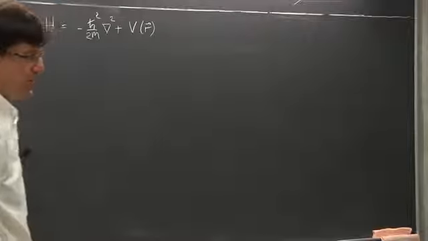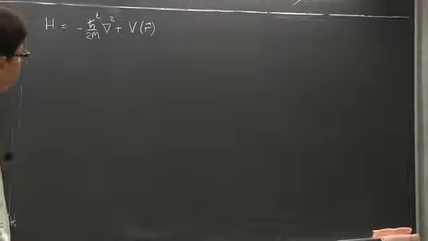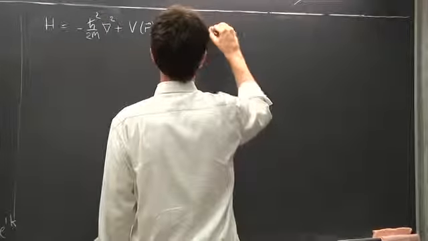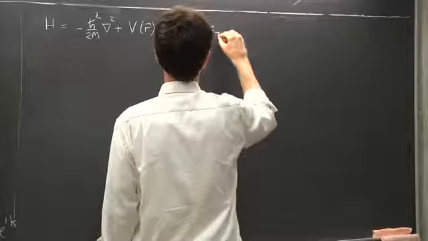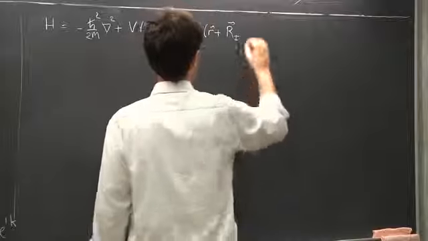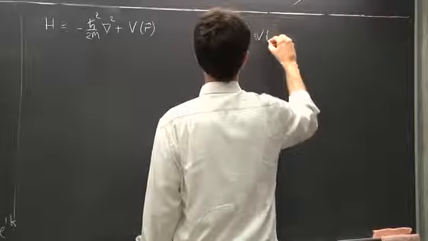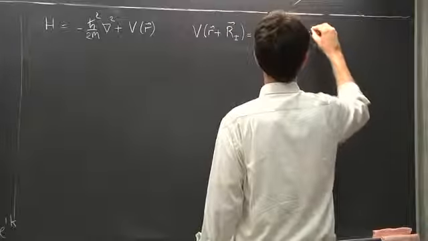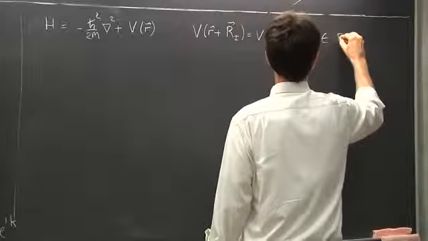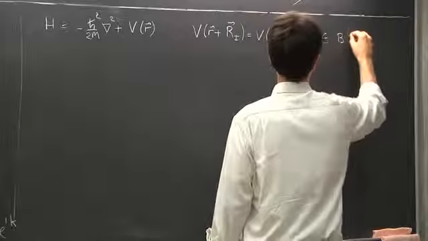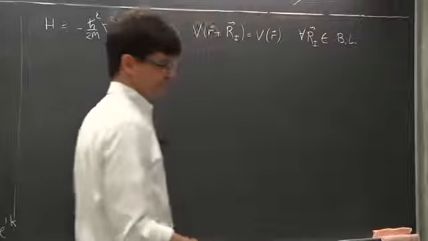It's a three-dimensional Hamiltonian, which has a very important property. V of r plus Ri is equal to V of r, for any Ri belonging to a given Bravais lattice.